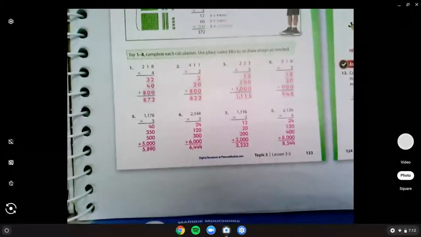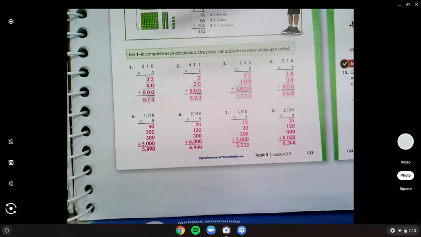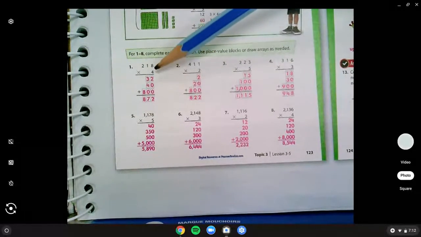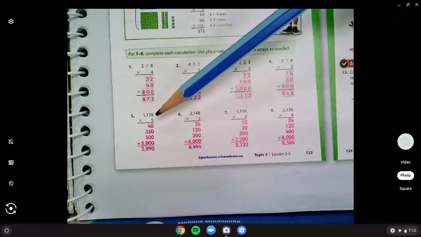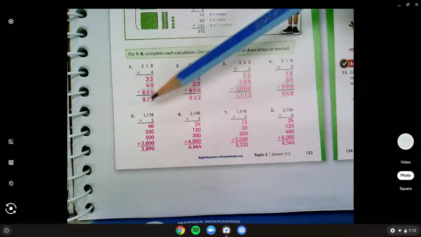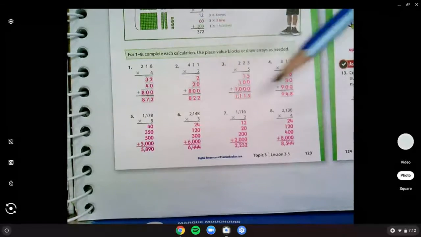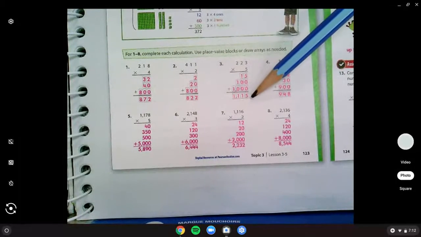All right, so number 1 should have been 872. And if these numbers are in a different order, that's okay, as long as you get that 872. Number 2 should have been 822. Number 3 should have been 1,115.